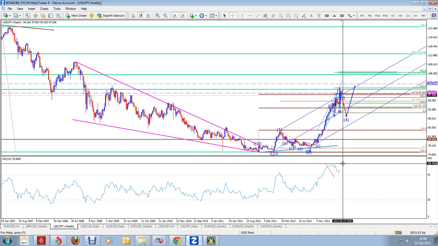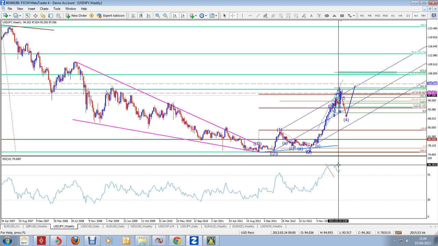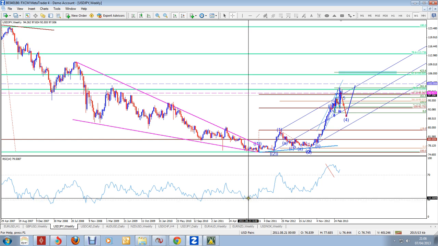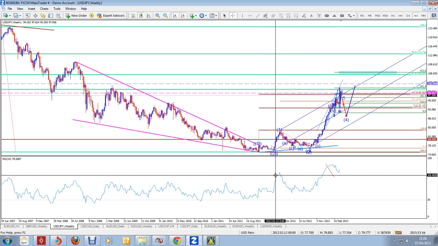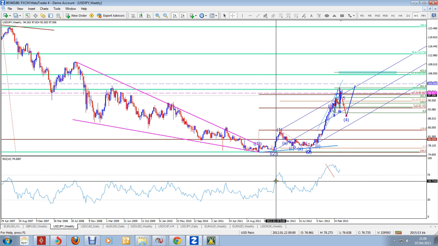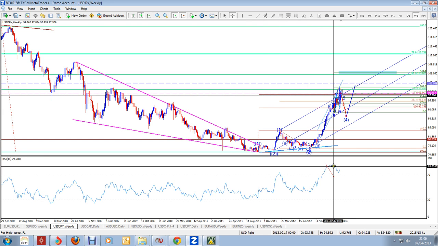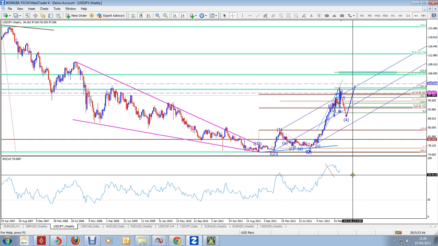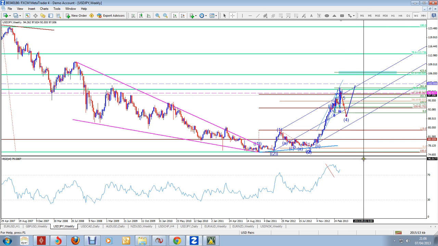By the time it finishes the complete cycle, we will see a divergence, and that would then complete wave 1 starting from here, wave 1, wave 2, wave 3, then a small retracement wave 4, and then we'll go up for the final wave 5.